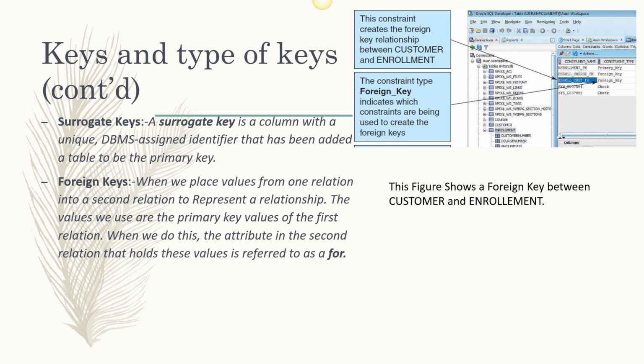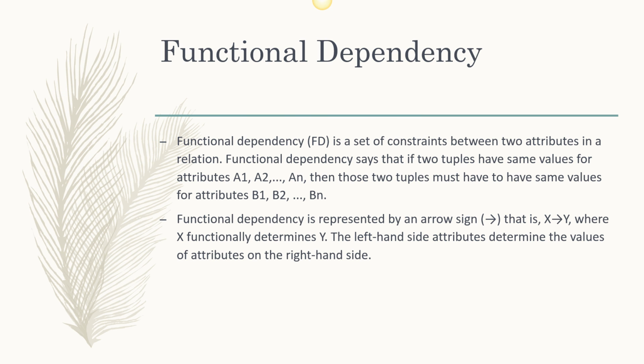Why do we need this? The attribute in the second relation that holds these values is referred to as a foreign key. This figure shows a foreign key between customer and enrollment.